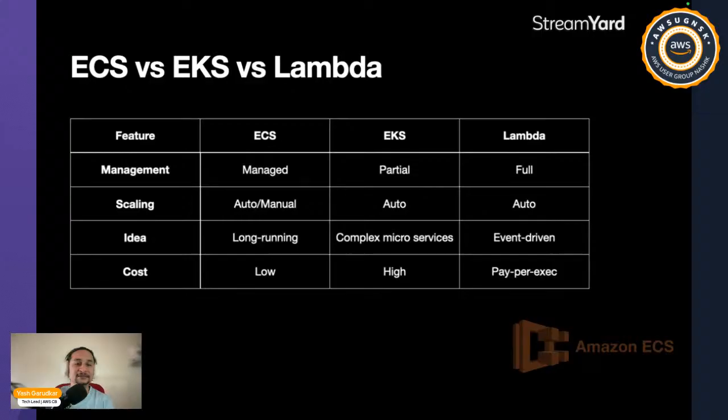And when you need something that is event driven and is going to run for a small period of time, and it just needs to do a specific set of tasks, then that is when you turn towards Lambda, which is an event driven service. You just call the function, it runs your task, and it gives an output. And the cost for ECS is pretty low, as we can see. EKS is a higher cost product, and Lambda is a pay per execution product that I already explained.